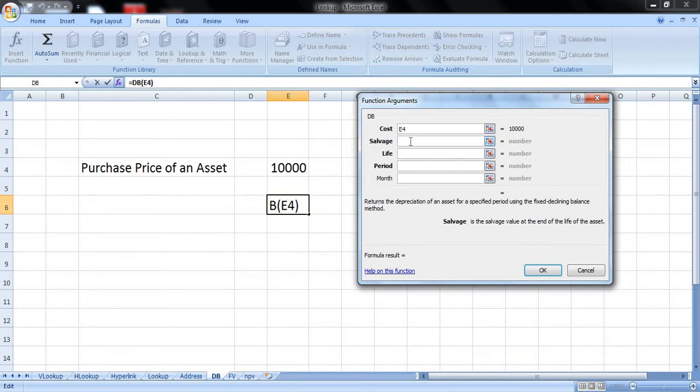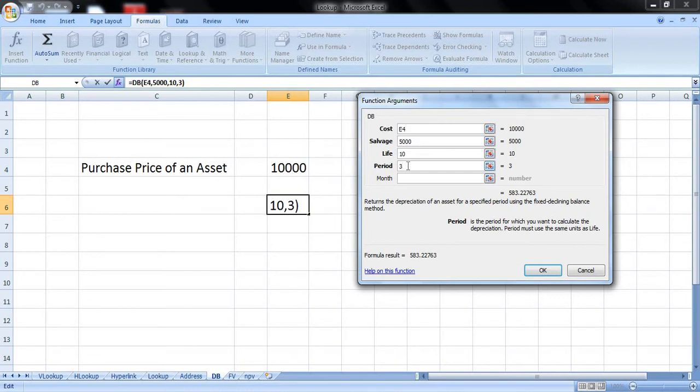Let's say I assume that after a particular point of time the estimated value of my asset will be 5,000. I assume that I will use this asset for the next 10 years. So the useful life I will enter is 10 years, and I wish to calculate, after using this asset for 3 years, by what value it will be depreciated.